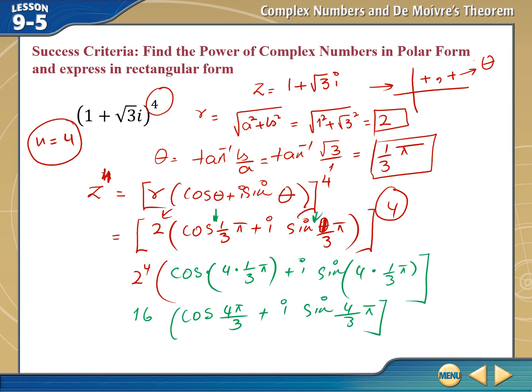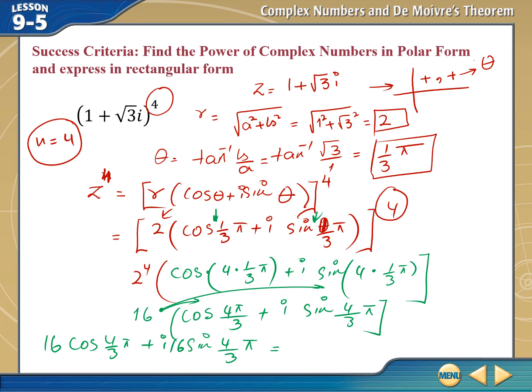Now distribute this 16 with the cos and the sine. So you will get 16 cosine 4 by 3 pi plus iota 16 sine 4 by 3 pi. So on distribution, you write the 16 beside the cos and beside the sine.